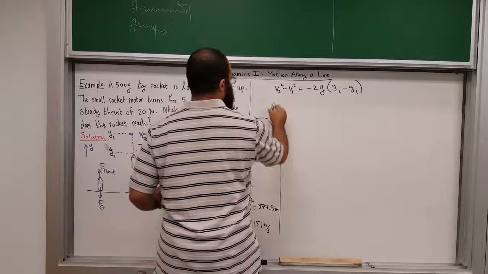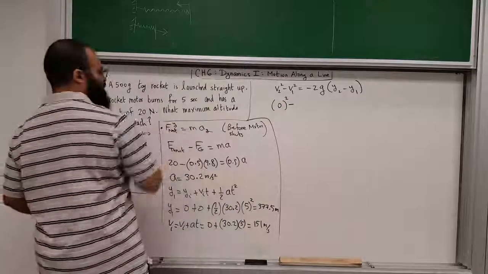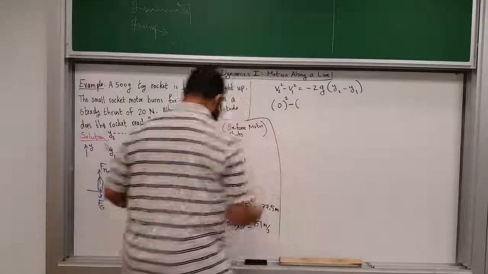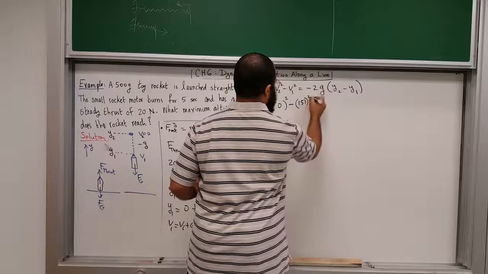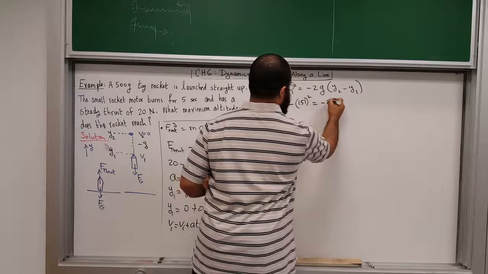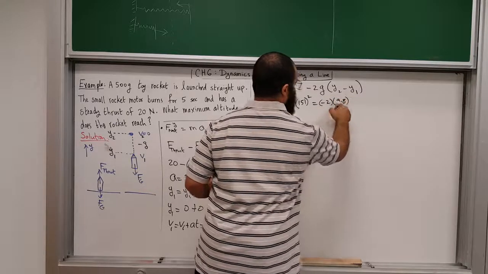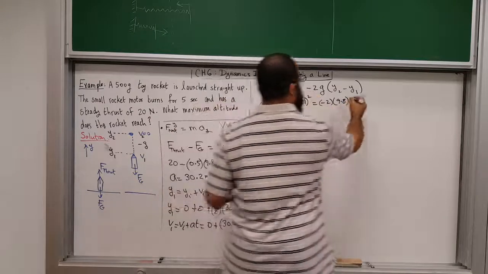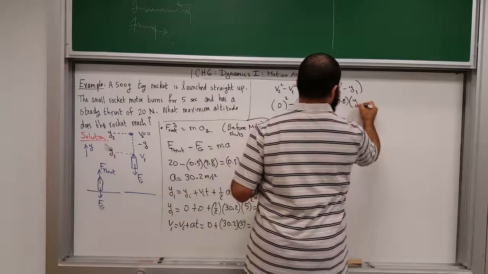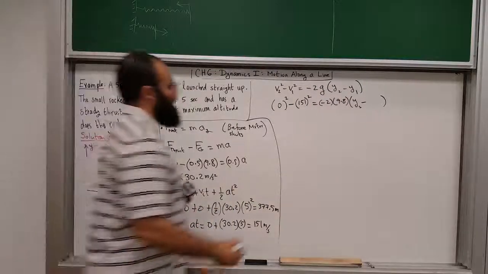V2 is 0, because at the very top it would be 0. Minus v1, which we just calculated, 151, but I have to square it. Equals negative 2 times g. G is 9.8. Don't put negative 9.8, I already took care of the fact that it's downward, is negative. And then y2 minus y1, where y1 we found is 377.5.